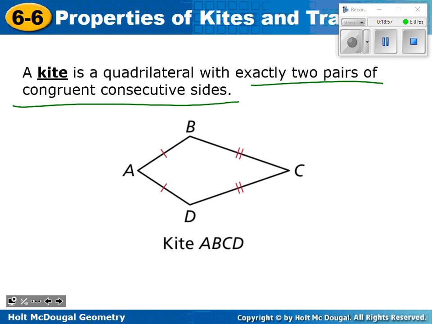And that definition says it has 2 pairs of congruent consecutive sides. So not the ones across from each other, but the ones that are connected to each other. Just like when you think of a traditional kite you fly in the air, that's what your kite looks like. Okay?